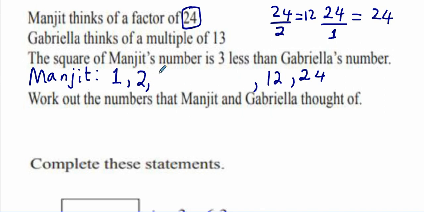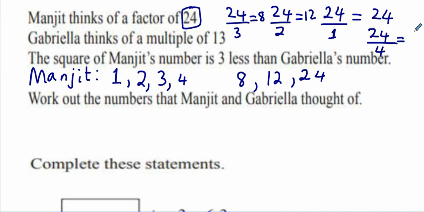Let us see the next number. 3, try 3. Is 24 divisible by 3? Yes, the answer is 8. So 8 is one of the factors of 24. We try 4. Is 24 divisible by 4? The answer is yes. That goes by 6. So 6 is another number. Okay, try 5.